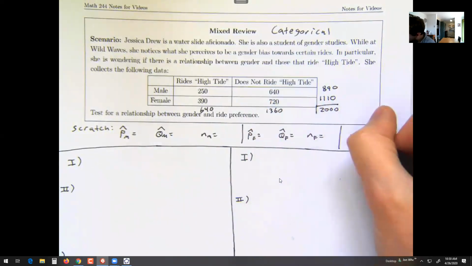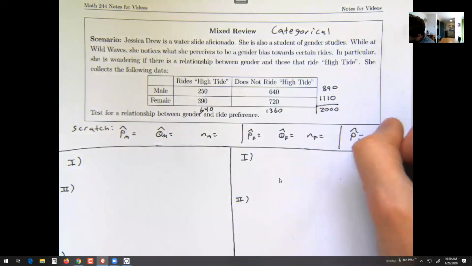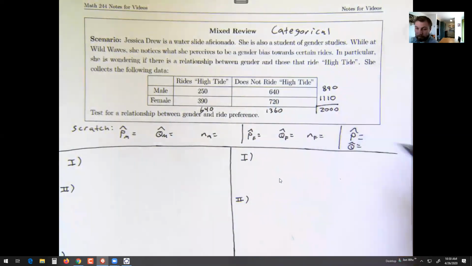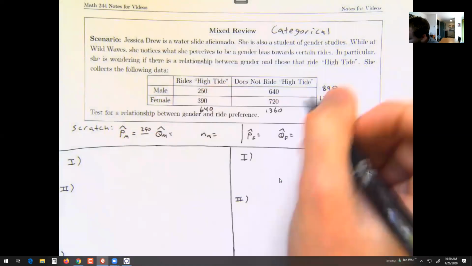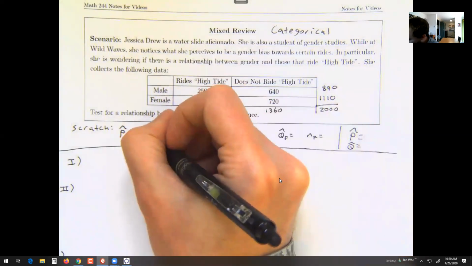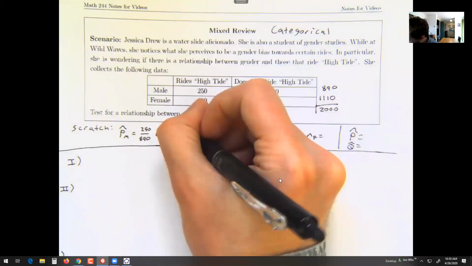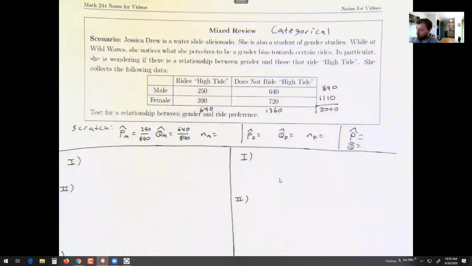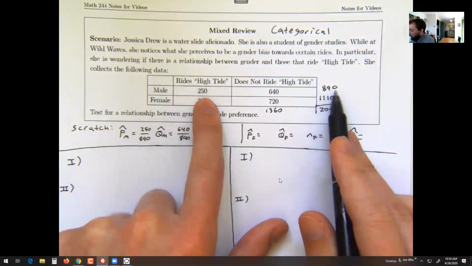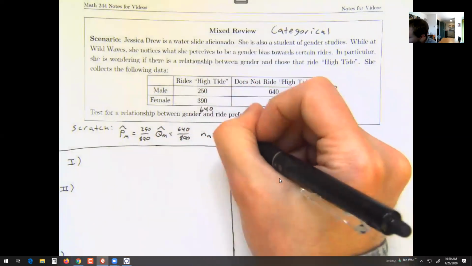And I also want to know what my overall success rate looks like, and by extension, what my overall failure rate looks like. So for the male group, I had 250 went on the ride out of 890. For the amount that did not go on the ride, 640 out of the 890 did not. So I'm just taking success over number of trials, failure over number of trials. And the number of trials that I'm looking at are 890.